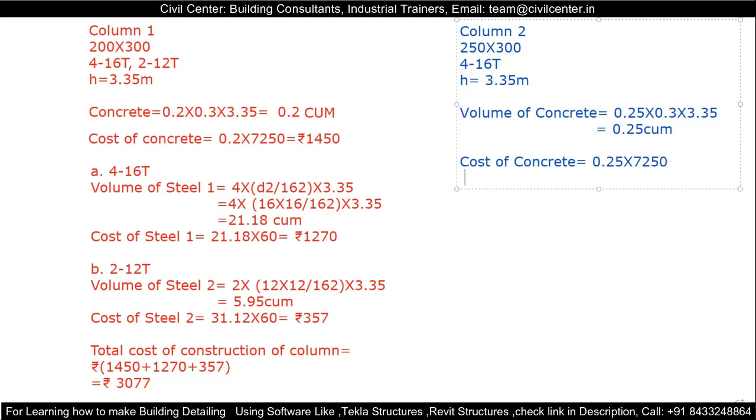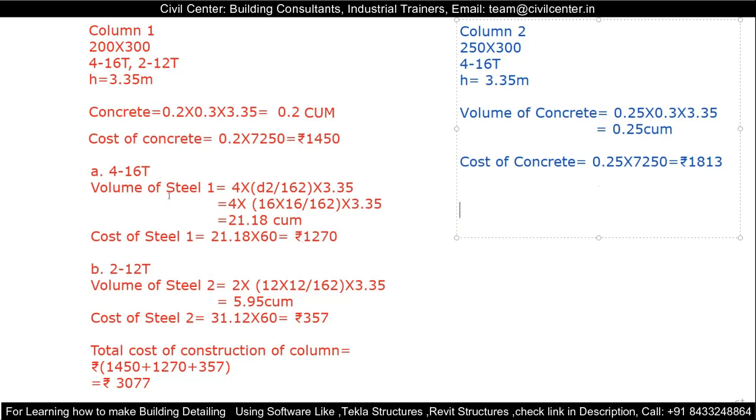So what is it coming? Let's see that. Multiplied by 7250, and it's coming 1812.5. So let's make it 1813. Take the higher value.